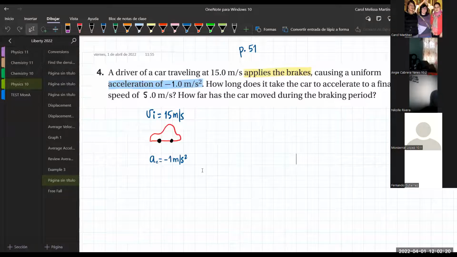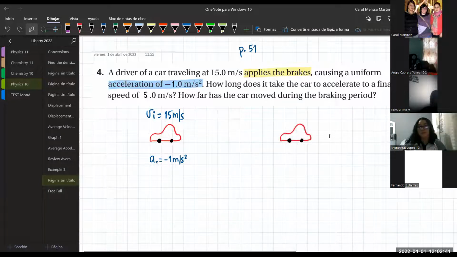Now, it says, how long does it take the car to accelerate to a final speed of 5 meters per second? That means I will apply the brakes, but the car is not going to immediately stop, okay? It requires some time to slow down to the desired velocity. In this case, my desired velocity is 5 meters per second.